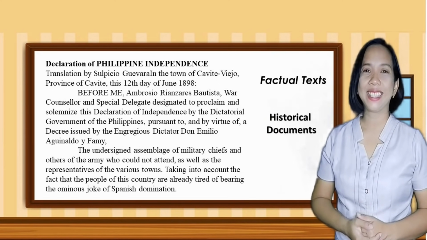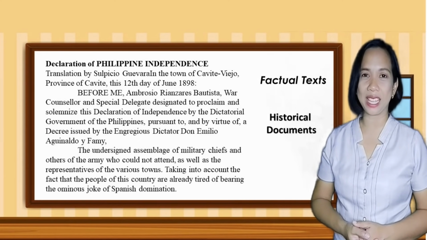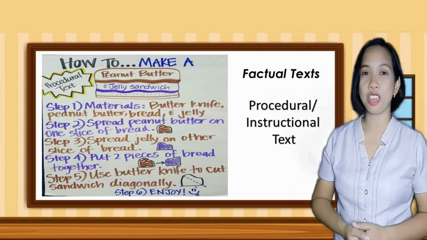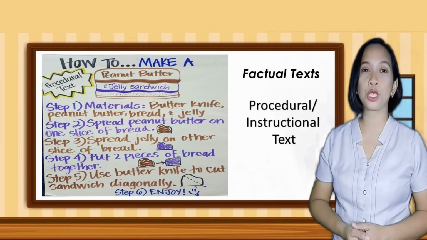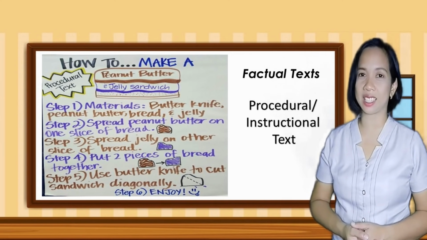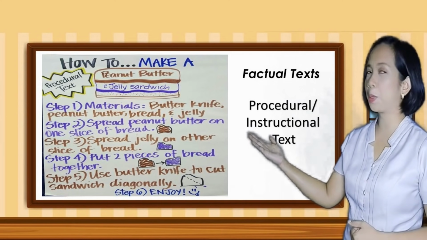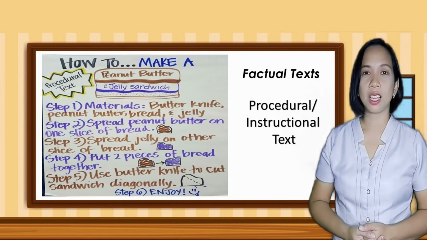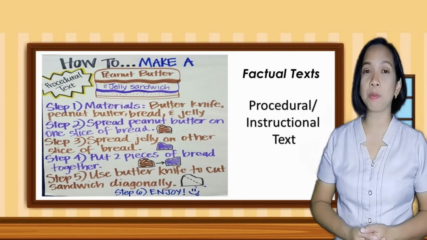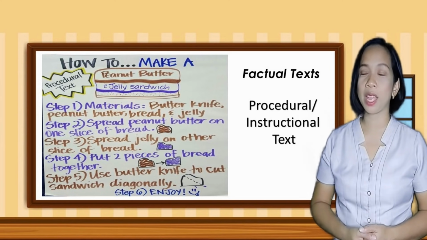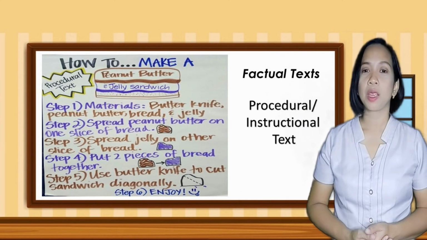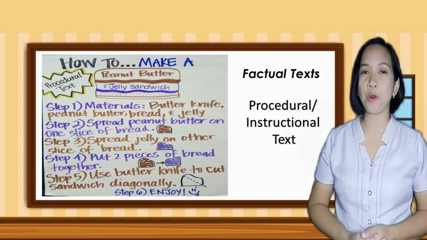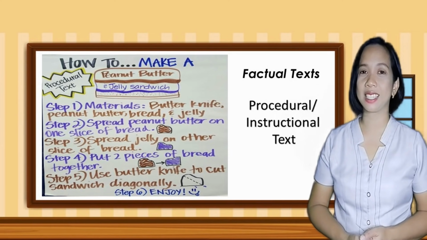Example, the Declaration of Philippine Independence. Another factual text is procedural or instructional texts. The example teaches the readers the steps on how to make peanut butter and jelly sandwich. This type of text explains how to perform different processes.